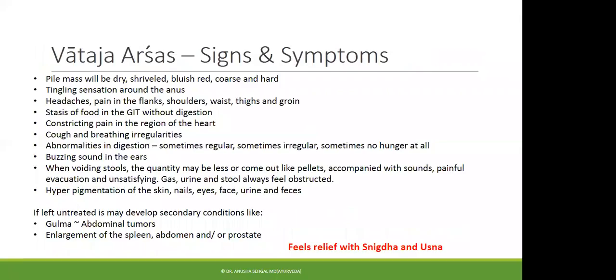Now getting to the specific signs and symptoms of Arśas, which is specifically for Vata, for Pitta, and for Kapha. So in the classical text, in Charaka Samhita, he has mentioned, even apart from just the specific signs and symptoms for Vata, Pitta, and Kaphaja Arśas, the specific nidana for these types of Arśas.